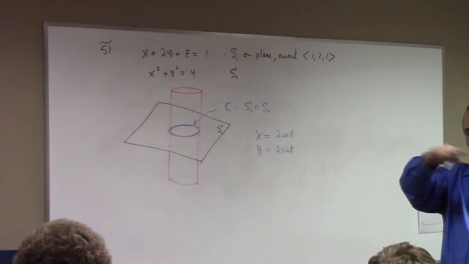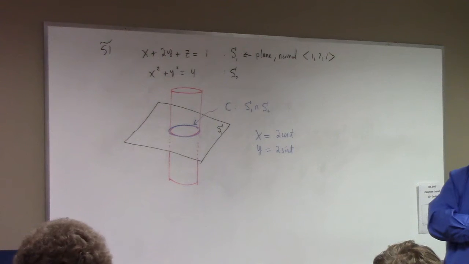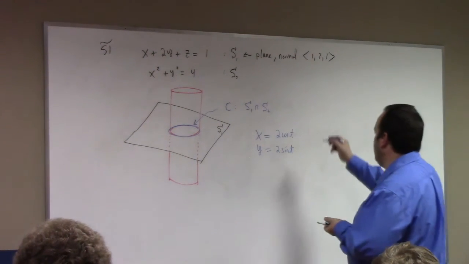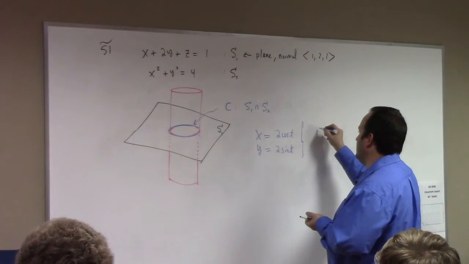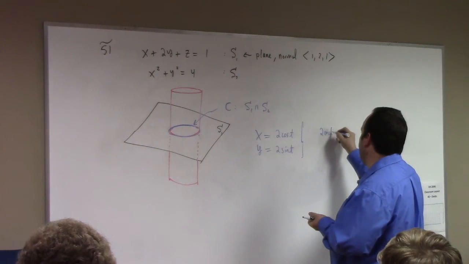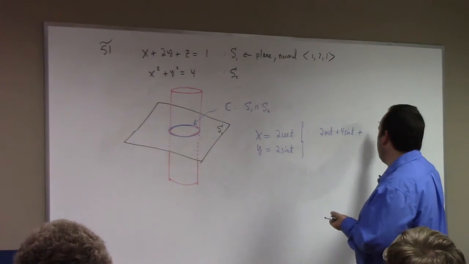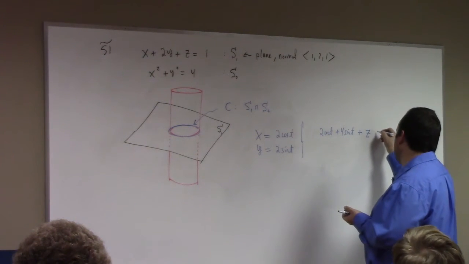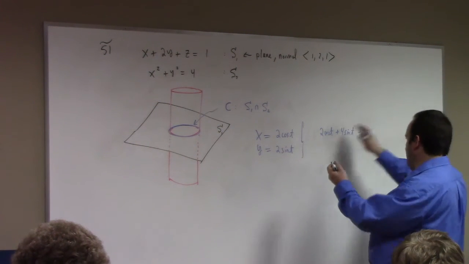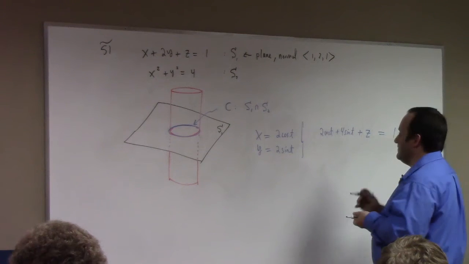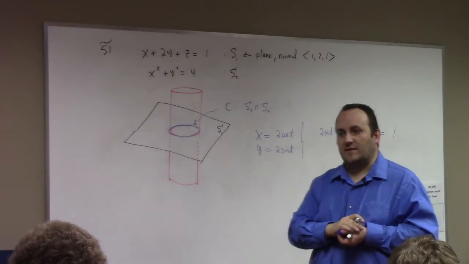Now, if this curve is also on the plane, then I need to put those into 2 cosine t plus 4 sine t plus whatever my parameterization for z is. I don't know what this is, but it's got to be such that this sums up to 1, right? Oops, we just found z.